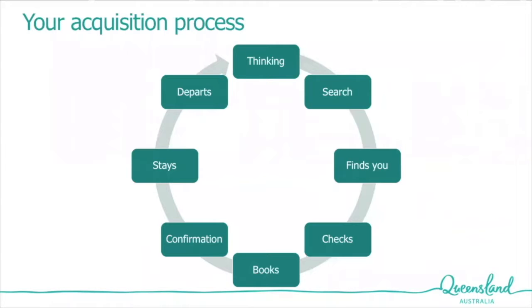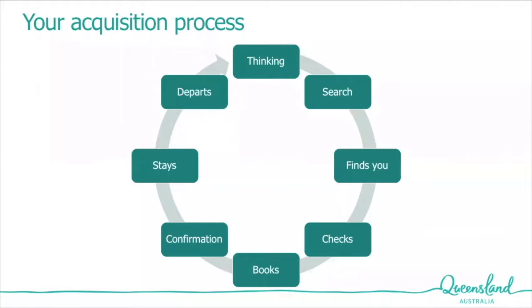So they could be searching by a niche, which could also connect them to you. But in most cases, they will have decided on the destination, and then they move into the search for accommodation, different styles of accommodation, and things that they can do whilst in that region.